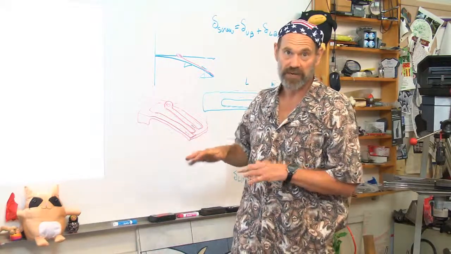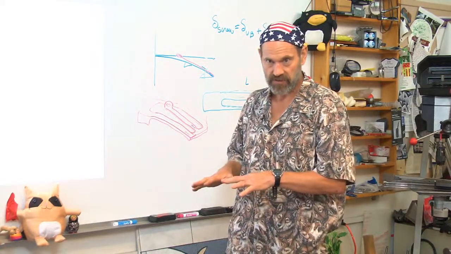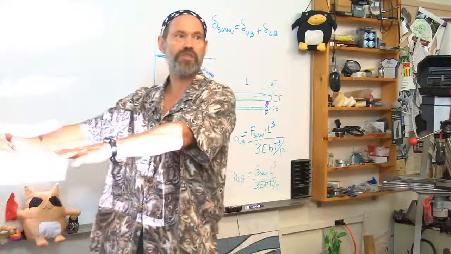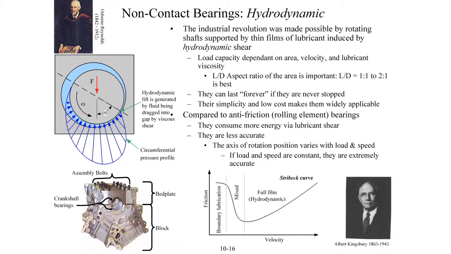When you take your boogie board out and you go running, and you throw it down where the surf has just been on the sand, you jump on the board and you slide along. That's hydrodynamic lubrication.